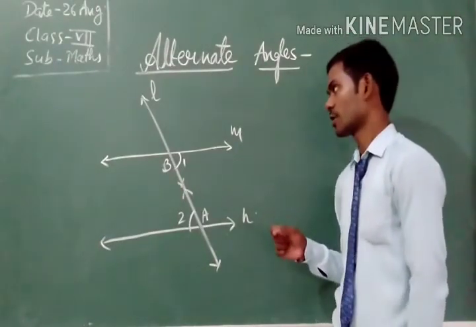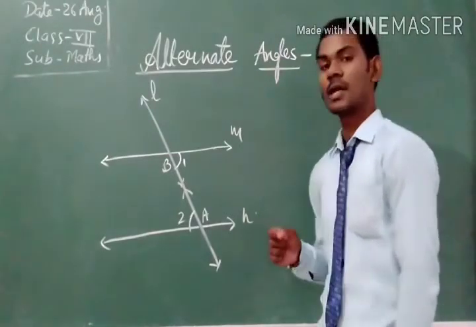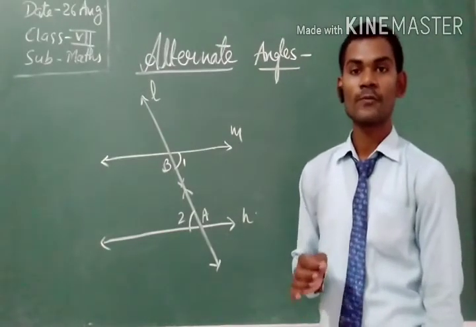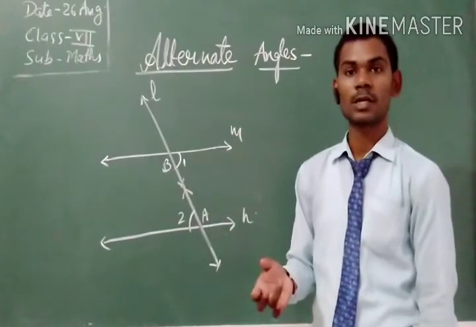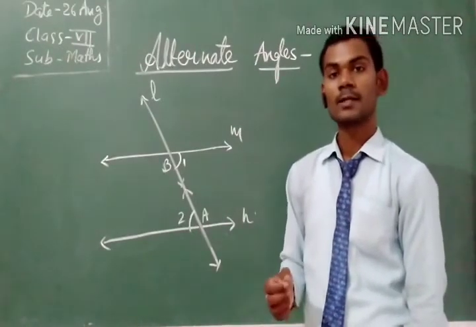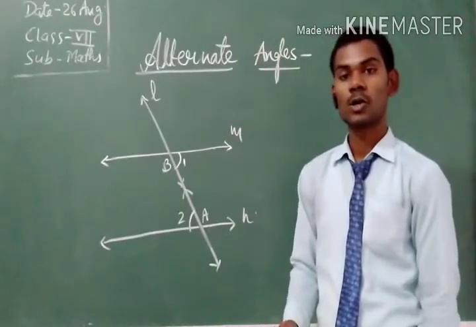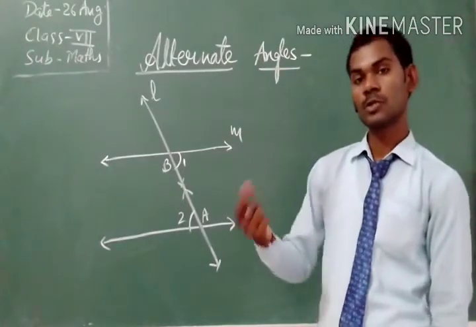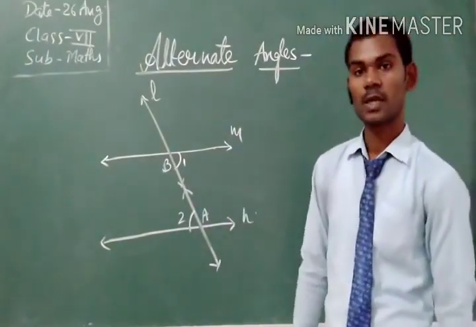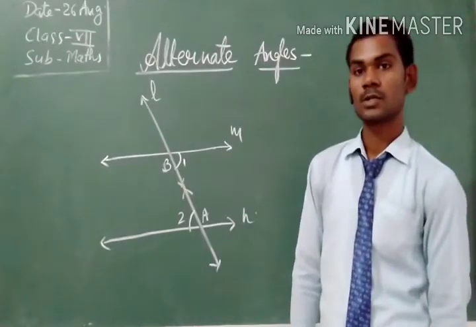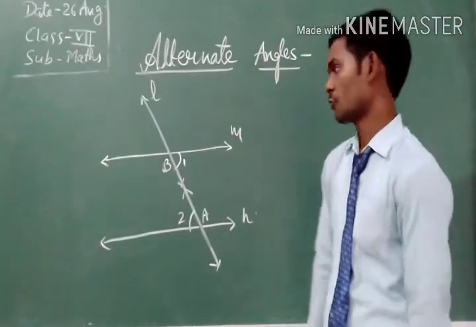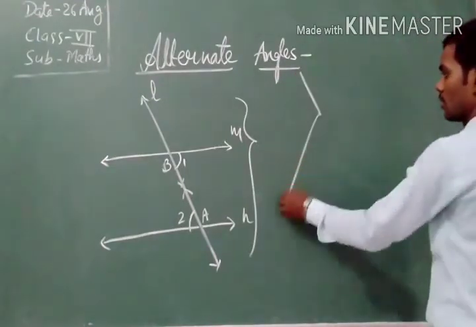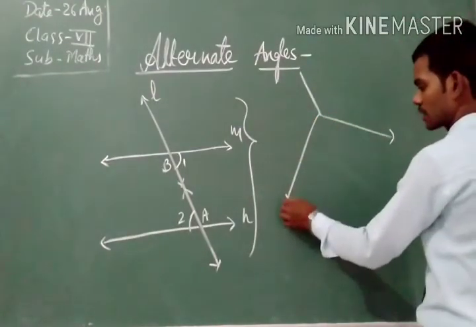So let me define the alternate angle once again. We say that a pair of angles in which one arm of each angle is on the opposite side of the transversal, and the other arm of each angle is formed by the transversal pointing in the opposite direction, then such angles are known as alternate angles. I hope it is clear what the alternate angle is. The alternate angle is further divided into two parts.